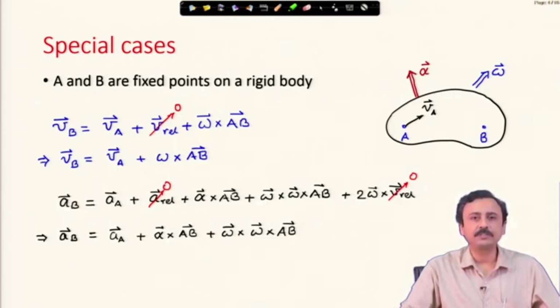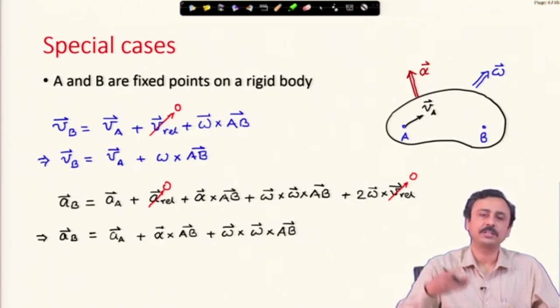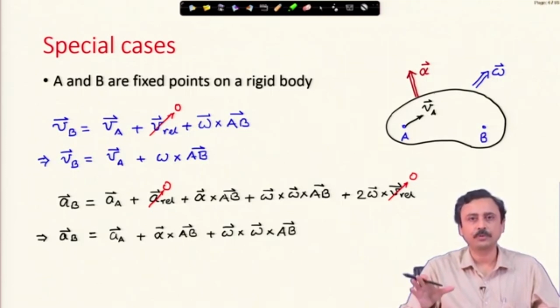The master equation is written first, then I see that because A and B are fixed on the rigid body, if you ask the person A what is the acceleration you measure of person B, it is 0, just like two persons in the auditorium, if you are asked the acceleration of that person, you will say 0, both of you are fixed to the earth.